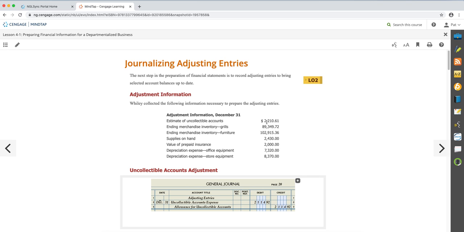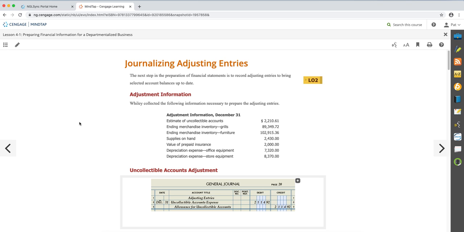Estimate of uncollectible accounts. Merchandise inventory is one that sometimes is tricky, and we'll talk about it, because your number could go up or down. So let's say I have $5 worth of furniture at the beginning of the year, I have $10 at the end, that means I gained furniture, and I would debit the furniture, the merchandise.